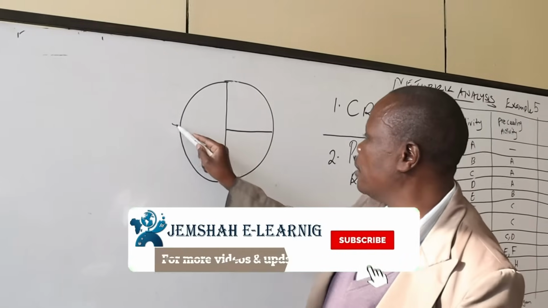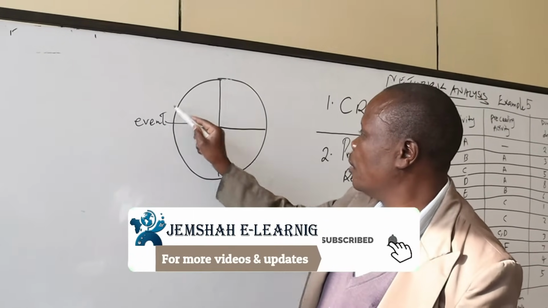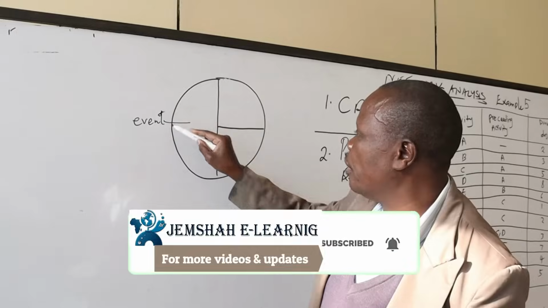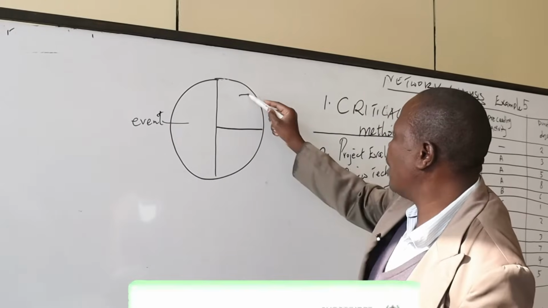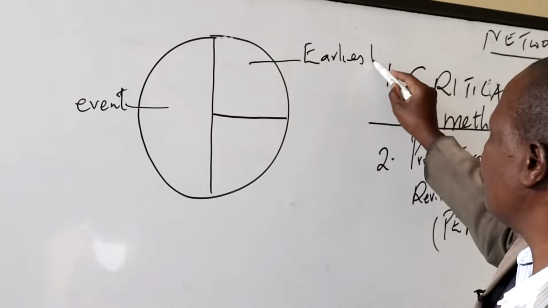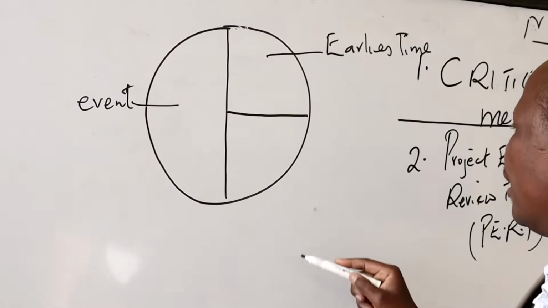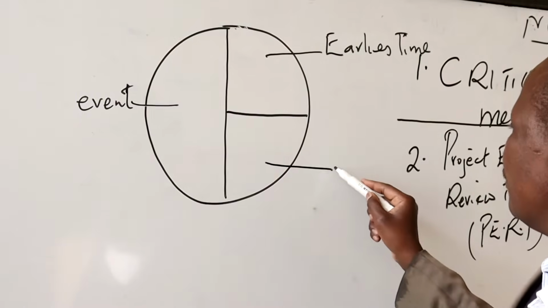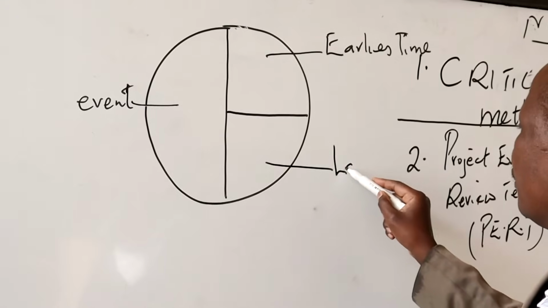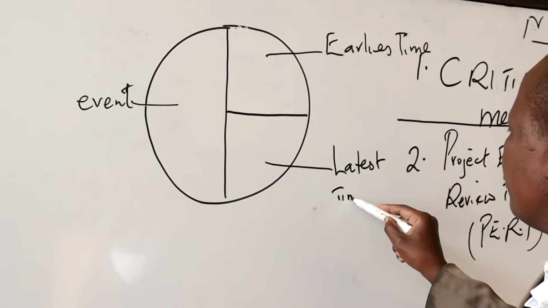The first part is now called the event. This is the event. We are going to indicate the event when we construct. This one is known as earliest time. Then this lower one is known as latest time.